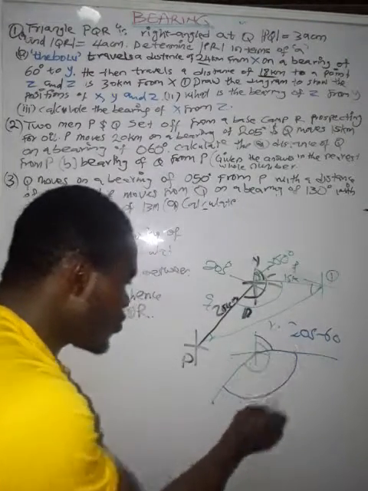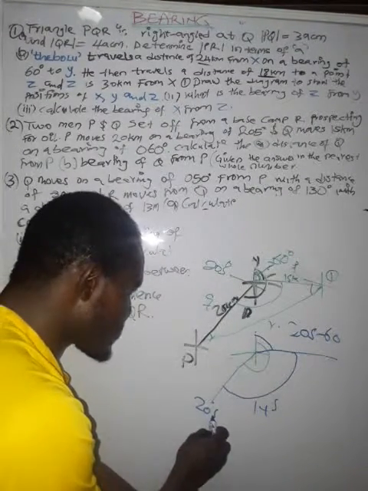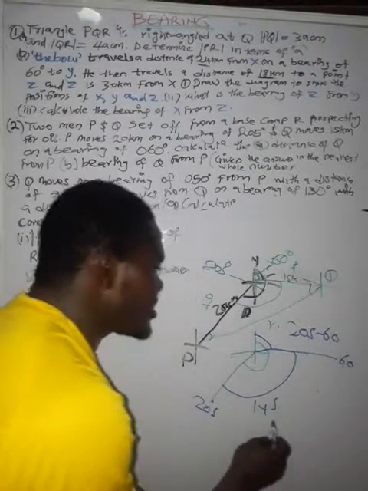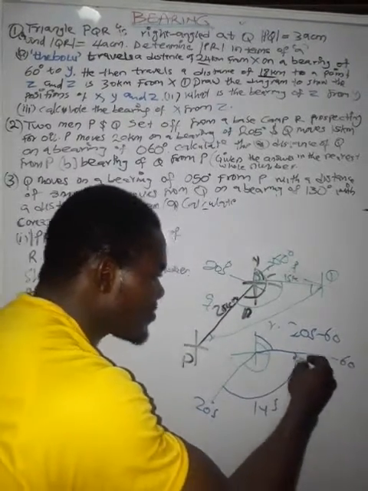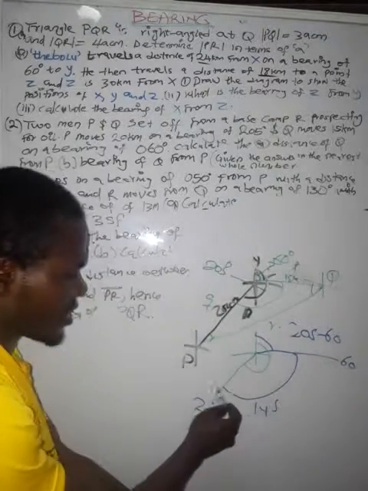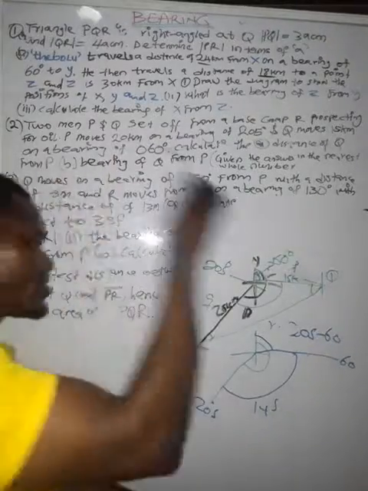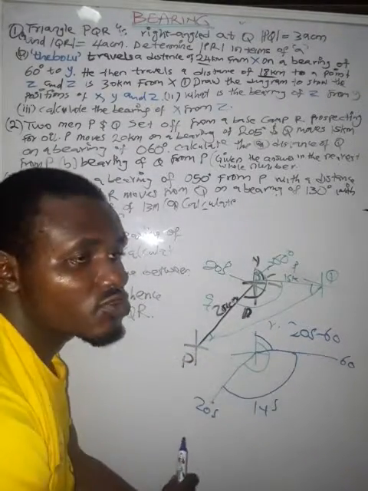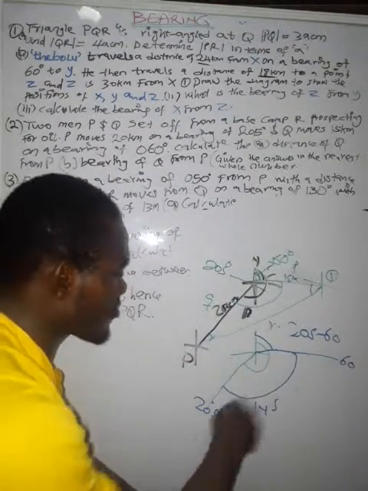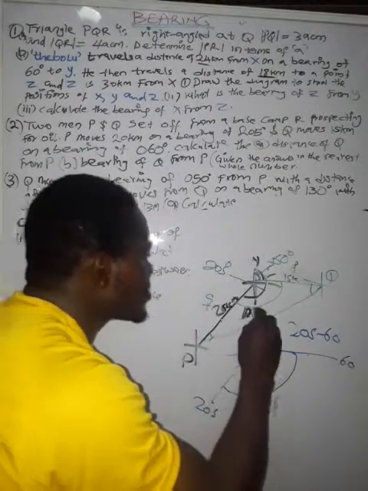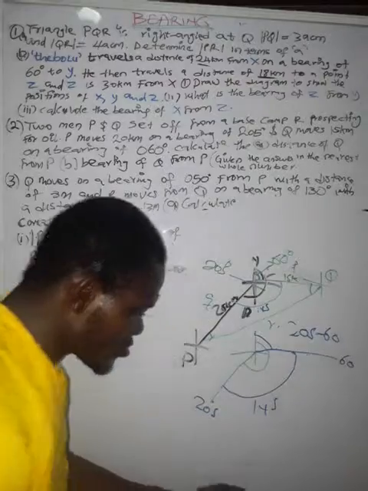From here to here is 205, and from here to here is 60, and I need the size from here to here. When I remove this one from 205, the remaining becomes this angle. So everything here now is 145. I already know the angle. I hope you get how I did it there.